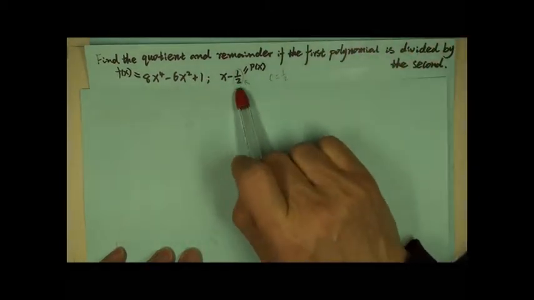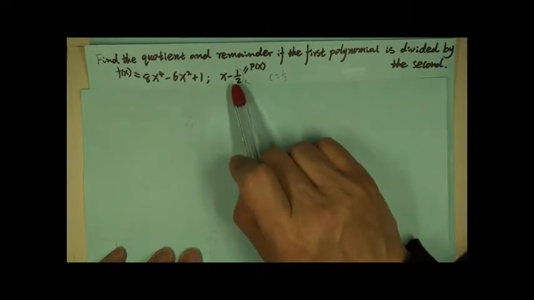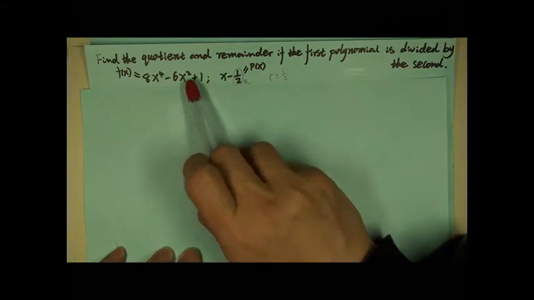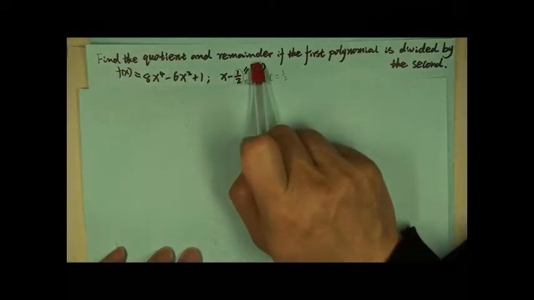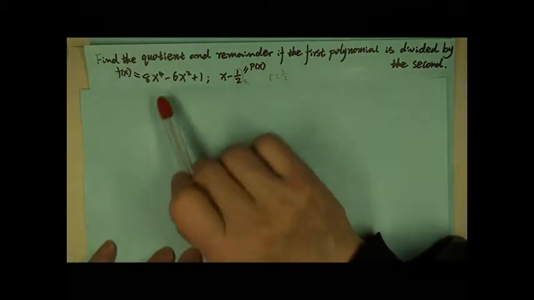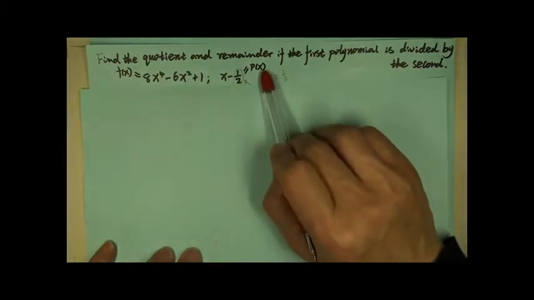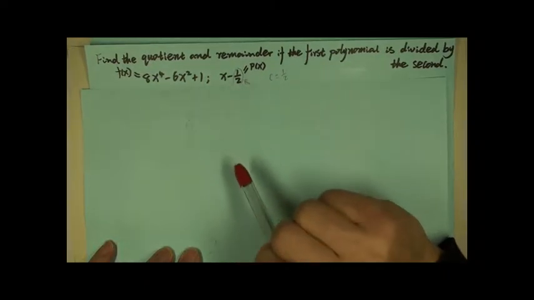The second polynomial is x minus 1/2. So we want to find out the quotient and remainder if f of x is divided by p of x, and p of x equals x minus 1/2.